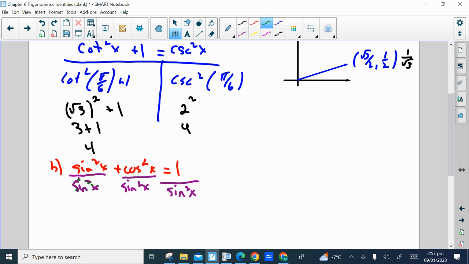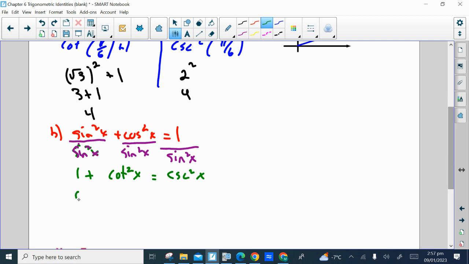And when you do that, sine over sine is 1. Cos over sine is cotan. And that must equal 1 over sine squared, which is cosecant squared. 1 plus cotan squared x is the same thing as cotan squared x plus 1. So we've just seen where that equation that we started with above came from.